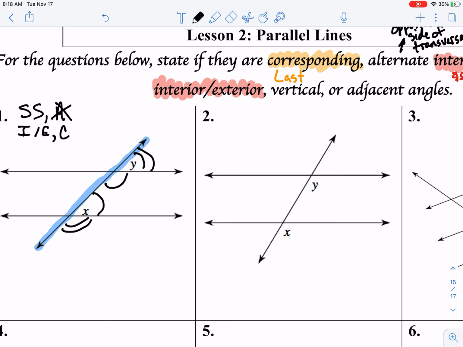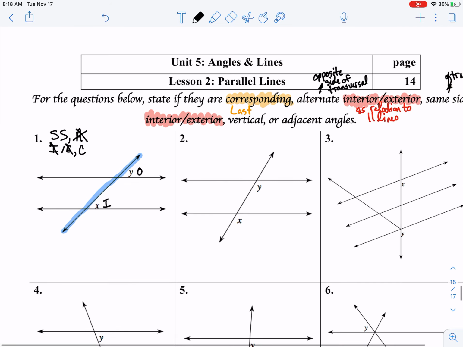So X is inside, Y is outside. So because they're not both inside, they're both not exterior, they are just simply corresponding angles. Okay, so same side, one's inside, one's outside, means they're corresponding.